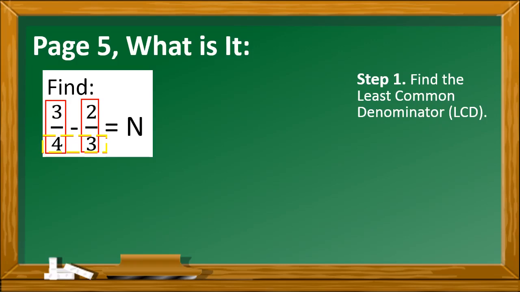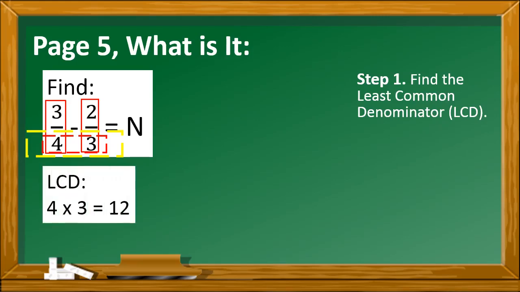In this case, 4 and 3 do not have a common factor. Therefore, we will use these numbers to find the LCD. 4 times 3 equals 12. 12 is the LCD of 3/4 and 2/3.